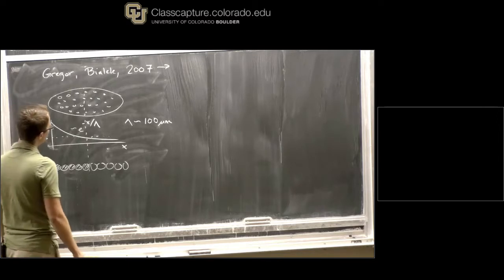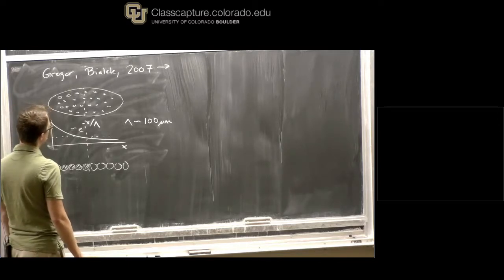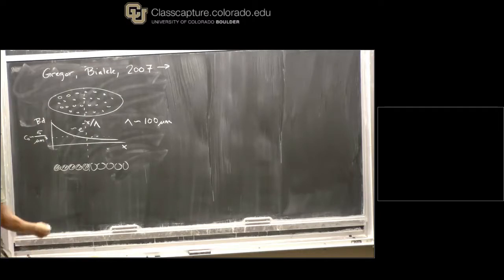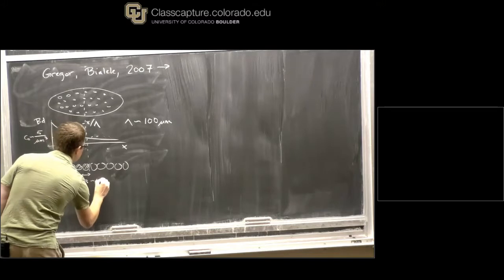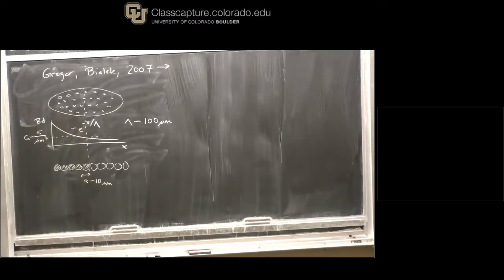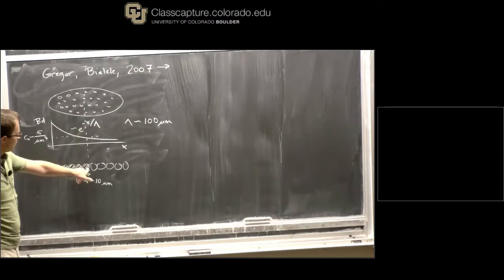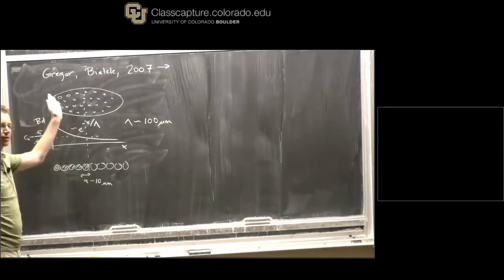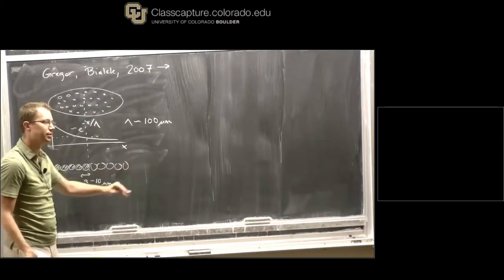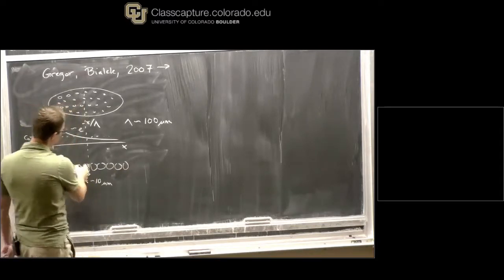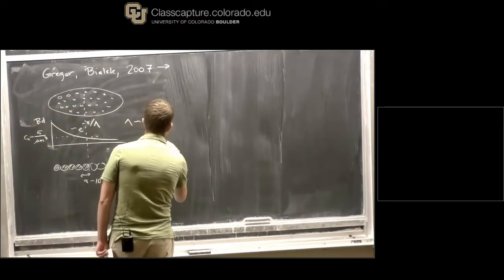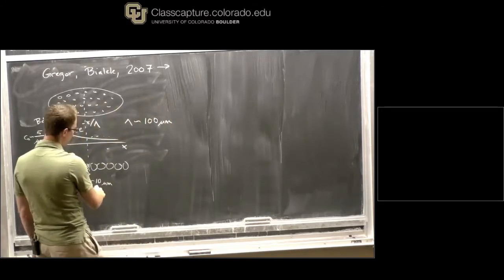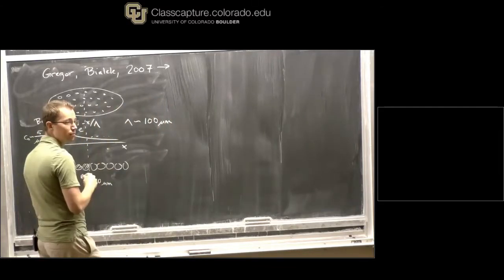And the argument of theirs went like this. These cell nuclei are about 10 microns wide. For a precise boundary to form along a line of these cells, any given cell needs to detect the concentration with a precision corresponding to the ratio of the cell size to the profile length scale.